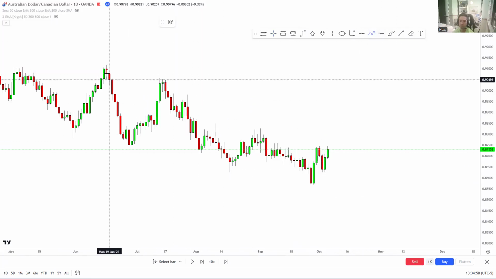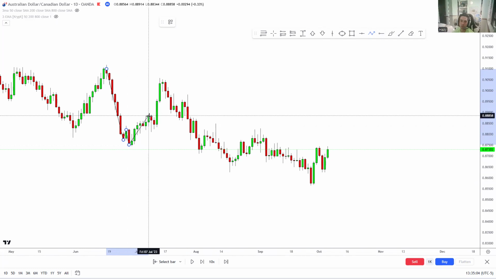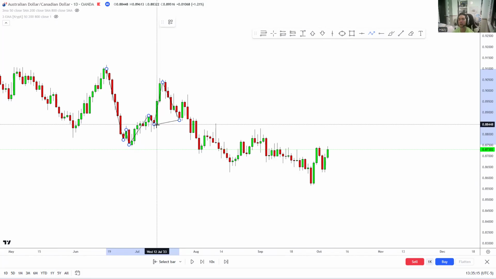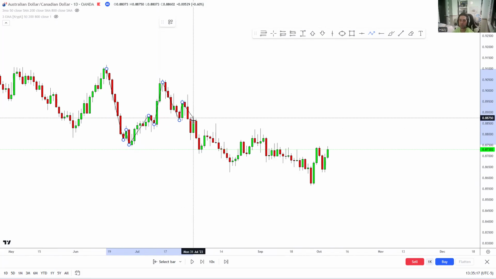So, yeah, this lower low, lower high, lower low. We broke bullish, and we're bullish, and then we haven't broken bullish structure because we haven't broken below this higher low. After we broke this higher low with this candle right here, we're now bearish.